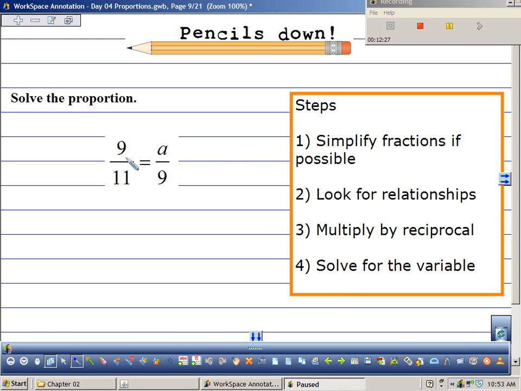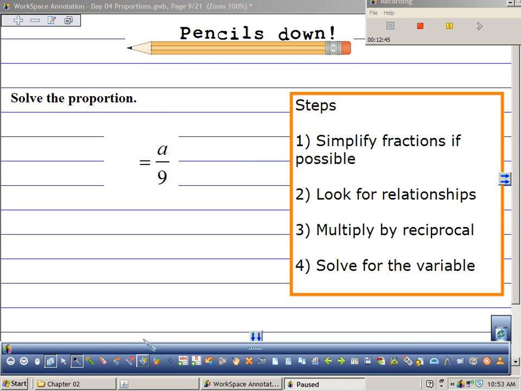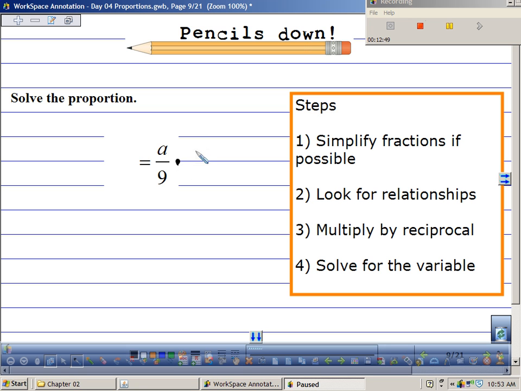I'm going to do another one. This time there's no relationship. There's nothing to simplify. So my next step is to multiply by the reciprocal. I'm going to cover it up again so you don't get confused. What can I multiply by to get rid of that 9? 9 over 1.